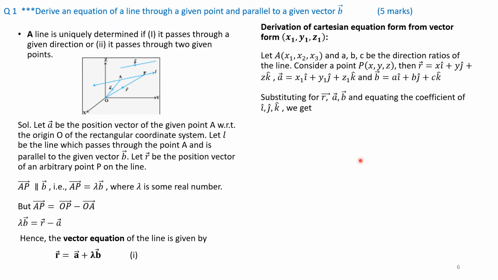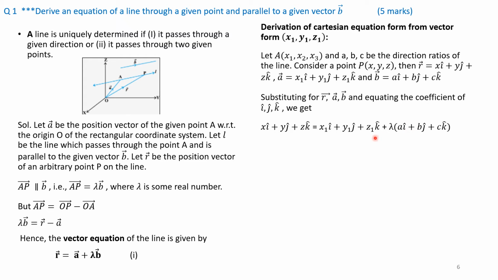Substituting the values of r, vector a and vector b and equating the terms of i, j, k, we get x is equal to x1 plus lambda a, y is equal to y1 plus lambda b, and z is equal to z1 plus lambda c.